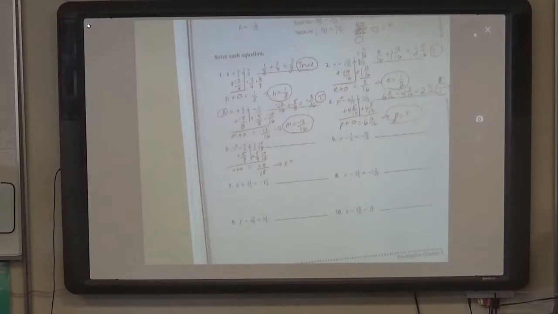So I converted both 5/6 and 5/9 to 18ths. 5/6 is 15/18ths. 5/9 is 10/18ths. 15 plus 10 is 25/18ths. So x plus 0 equals 25/18ths. Now finish it.